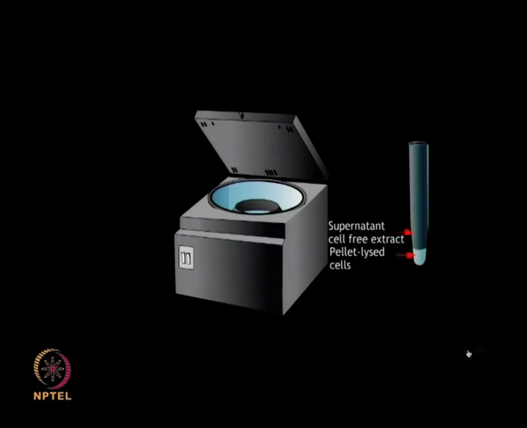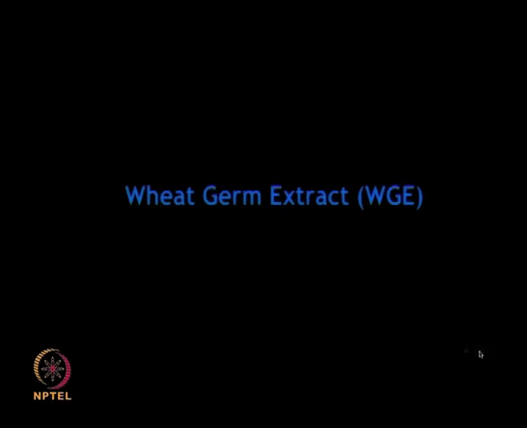So, lysate that is extracted from such actively growing and dividing cells will contain all the required cellular machinery to carry out in vitro protein synthesis and requires addition of essential amino acids, nucleotides, salts and other energy generating factors.